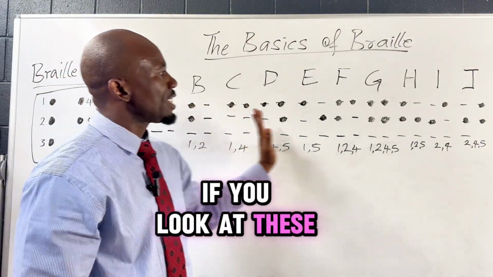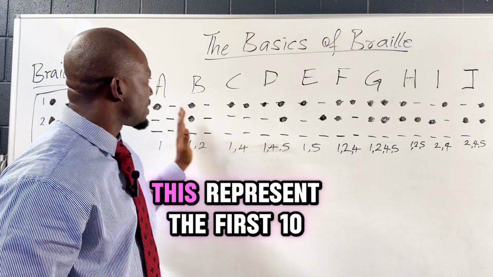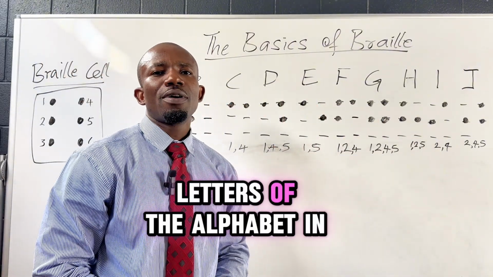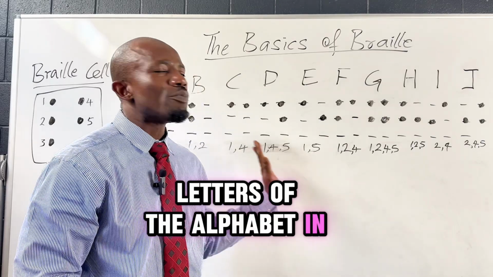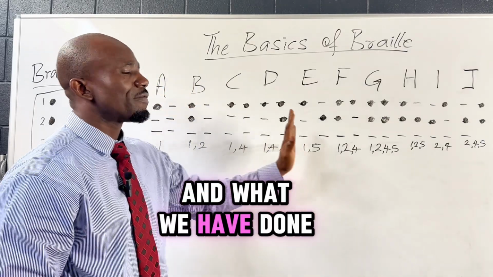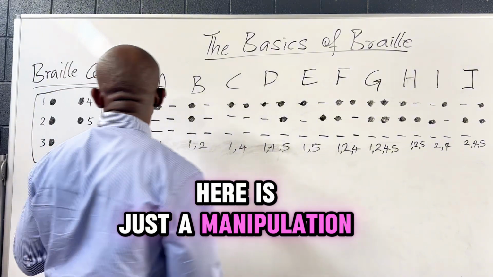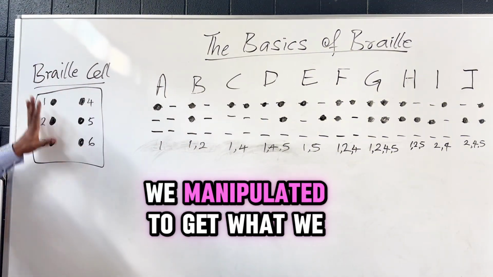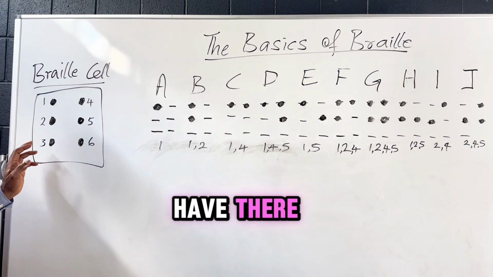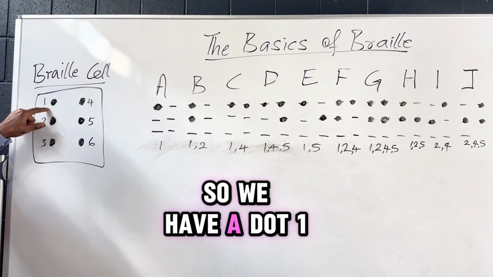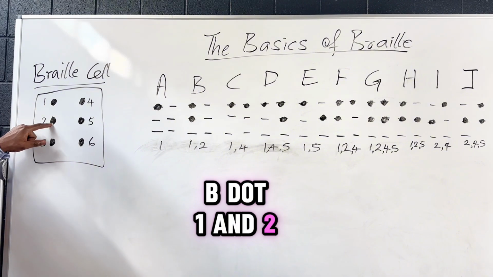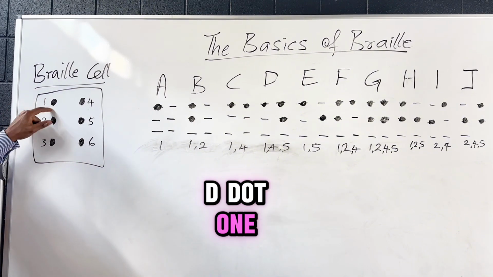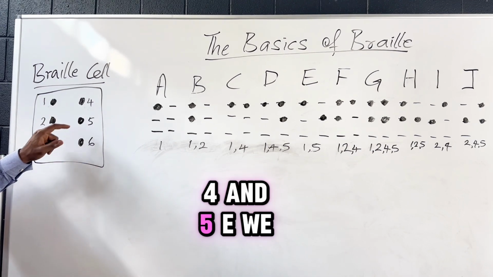If you look at these presentations here, this represents the first 10 letters of the alphabet in Braille format. And what we have done here is just a manipulation of this Braille cell to get what we have there. So we have A dot 1, B dot 1 and 2, C dot 1 and 4, D dot 1, 4, and 5.